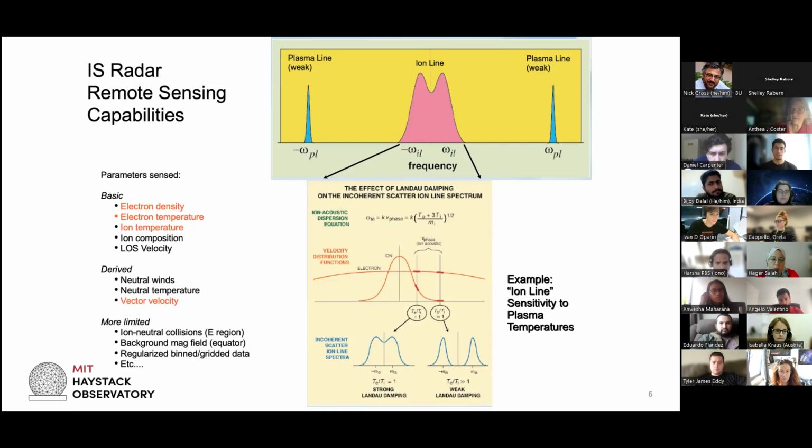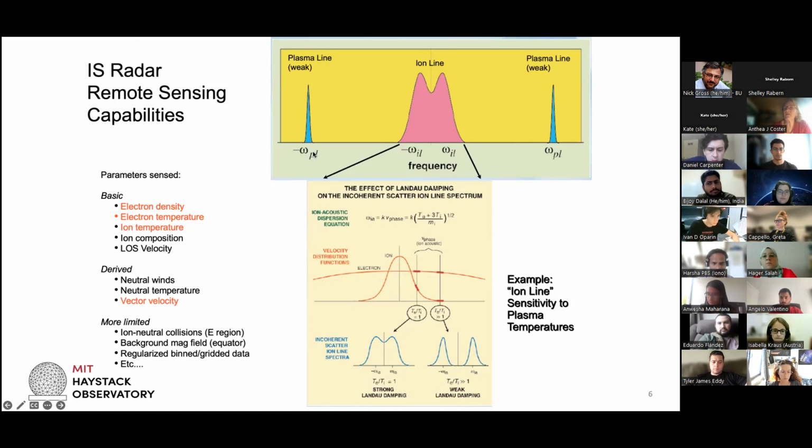From all that, you can derive from your incoherent scatter measurement neutral winds, neutral temperature, and vector velocity. And then even more limited, you can get some sense of what the ion neutral collisions are in the E region. You can get some sense of what the magnetic field is at the equator. And you can regularize and bin and grid the data so that modelers can have an easier time to use it.